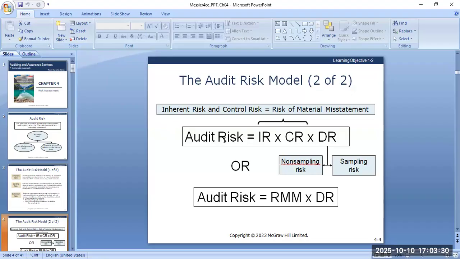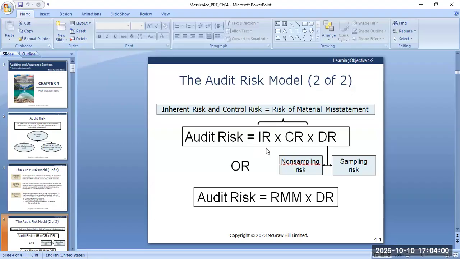If we want to keep the audit risk at some level, let's say 10, and 10 is a random number, just a sample. If the inherent risk is 1 and the control risk is, let's say, 2, then the detection risk can go up. That means there's not much risk in the company and the business.